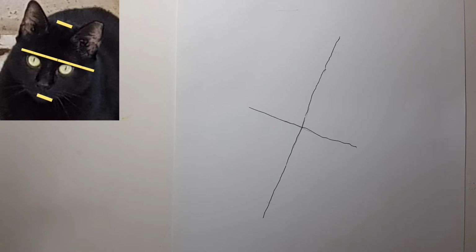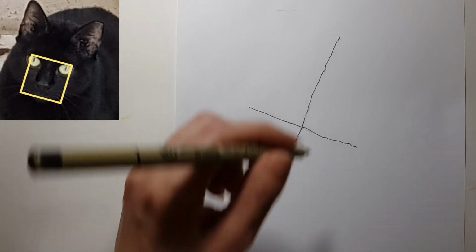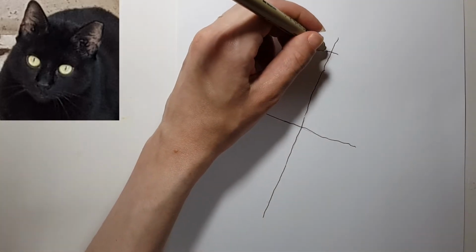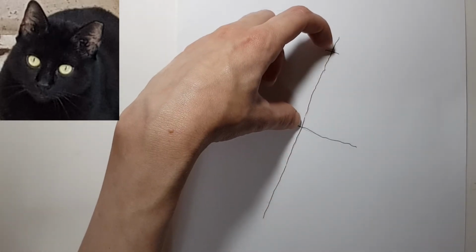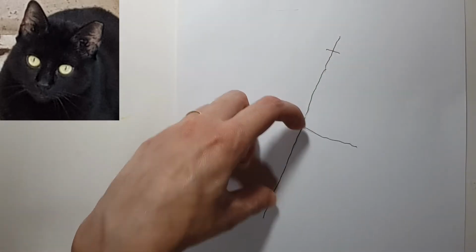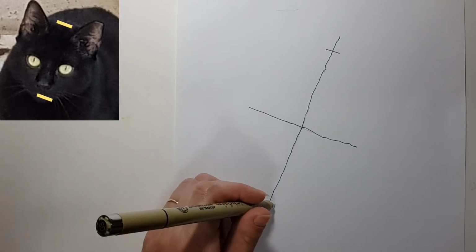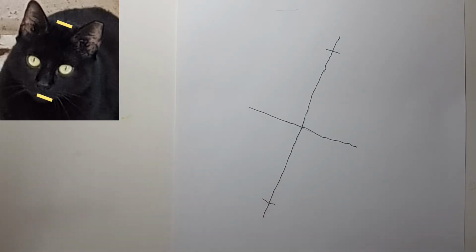This line is in the middle of the face. The eyes, the nose and the mouth are in the lower half of the face. I create markings in the same distance from the horizontal line for the edges of the face.